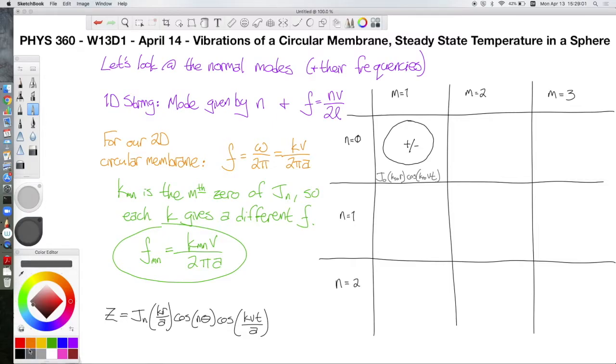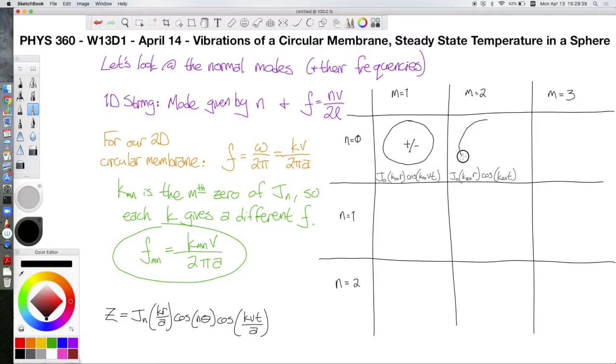So what does it mean then if we increase m from 1 to 2? Well, m is which zero of our Bessel function we have. So if m is now 2, then the zero corresponding to the very edge of this circular membrane is now the second zero of our Bessel function. So our formula would still look fairly similar. J naught of k sub 20 times r times the cosine of k20 times vt.